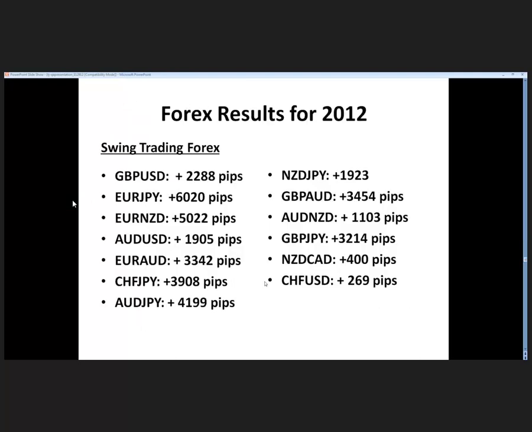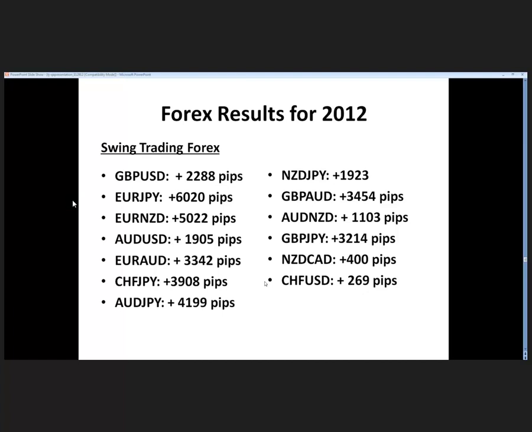Let's look at some Forex. Again, I haven't had a chance to update these. We're going to look at some of these pairs. There have already been additional winners. There have been some losses too, but the losses are quickly overcome because one of the strengths of this strategy is the win-loss ratio is very favorable, and the risk-reward ratio.